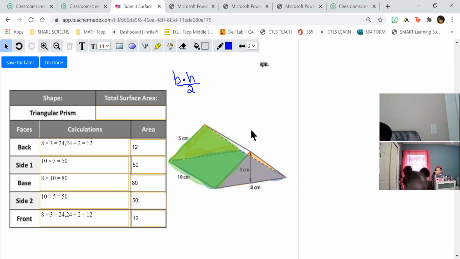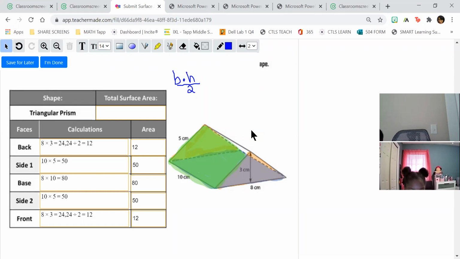Okay, so I have the area of each one of the pieces of this shape. Now it's time for me to add all of these areas together. So that's 12 plus 50 plus 80 plus 50 plus 12.